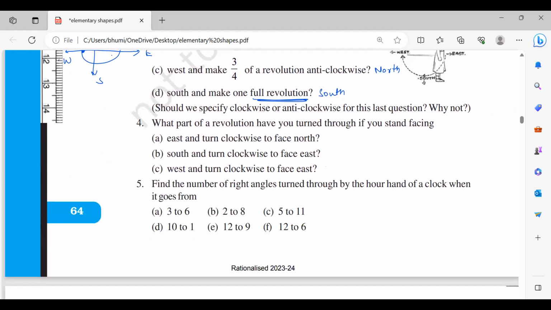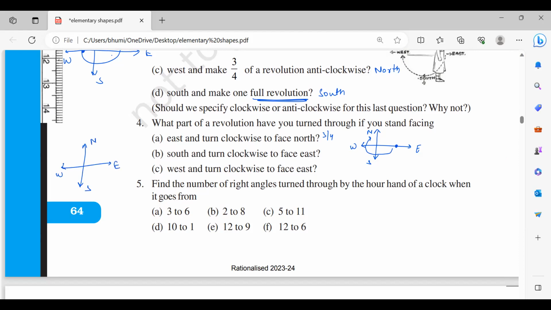What part of a revolution have you turned through? If you stand facing east and turn clockwise to north, it is 3/4 revolution. You are facing south, south, north, east, west.